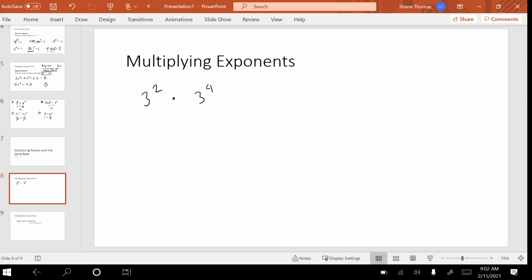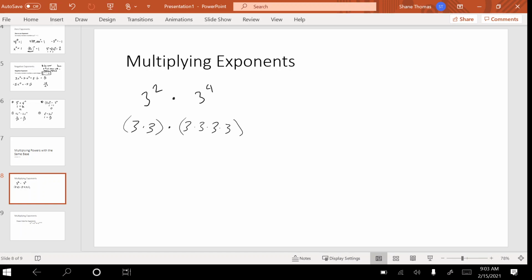Multiplying 3 by itself that many times. So 3 squared would be 3 times 3. Agreed? 3 to the 4th would be 3 times 3 times 3 times 3.